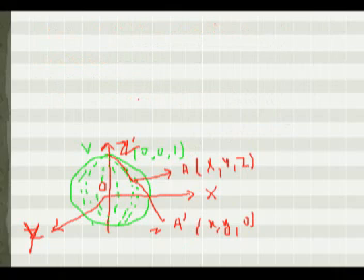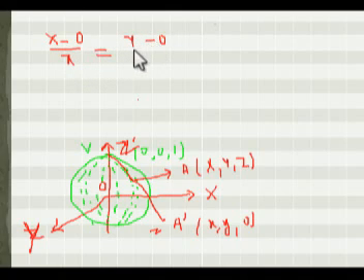Through this equation of the straight line we will get (x minus 0) by x equal to (y minus 0) by y and (z minus 1) by, here it will actually be, (0 minus 1).